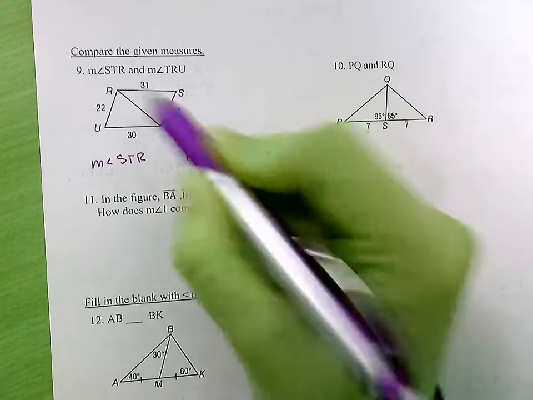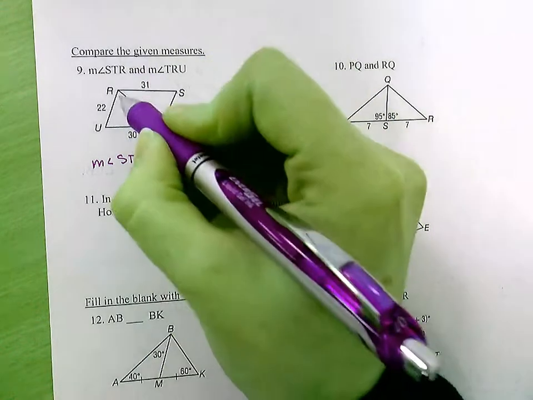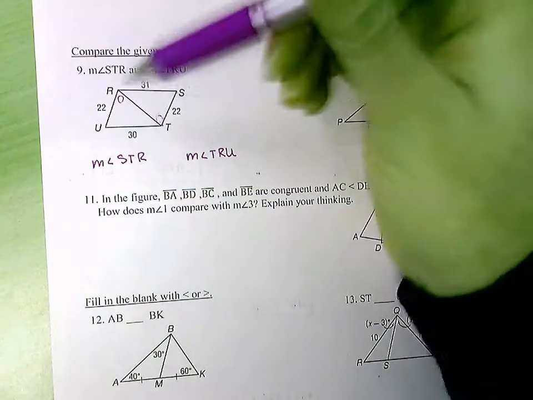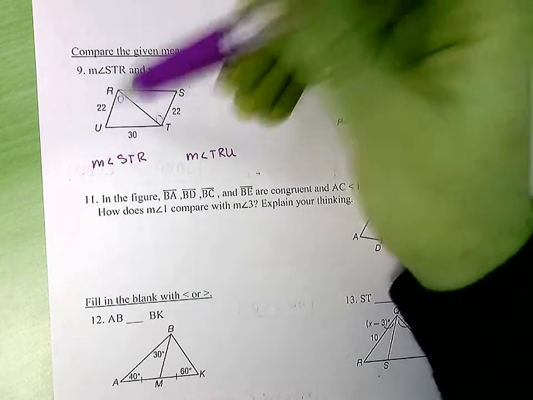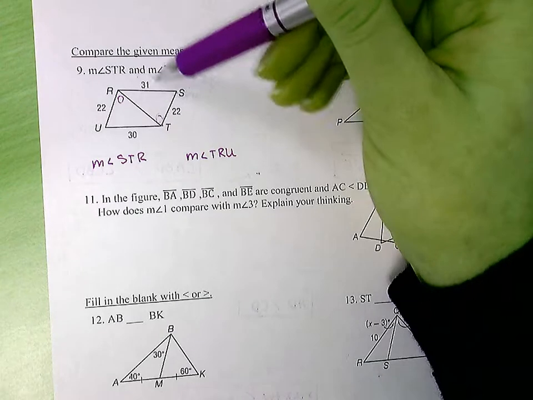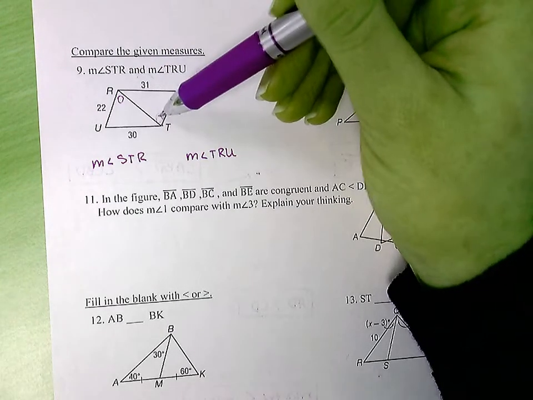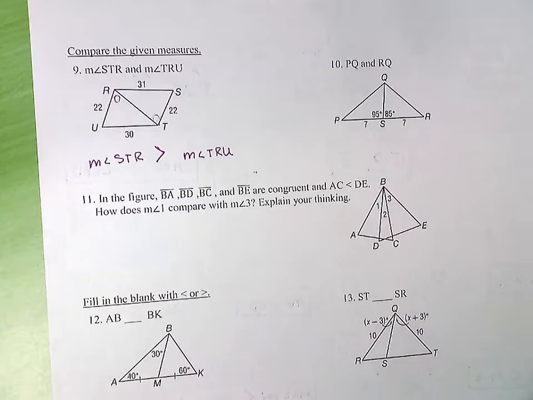So STR is this angle right here, and TRU is this angle right here. The side opposite that angle by T is 31. By R, that side's 30. Since 31 is greater, this angle would be your greater angle. So I'd want to write in that inequality.